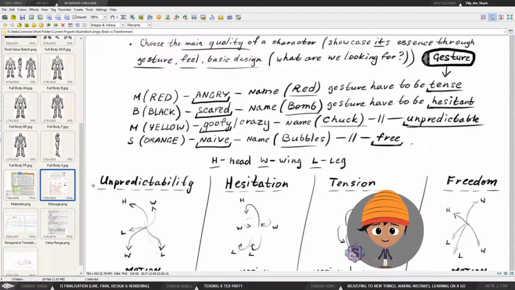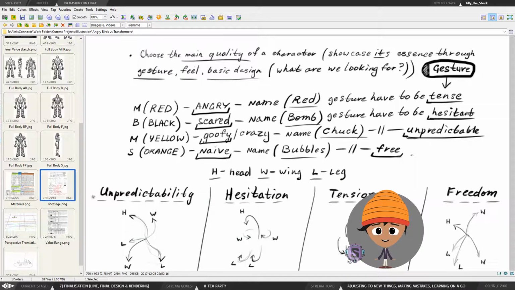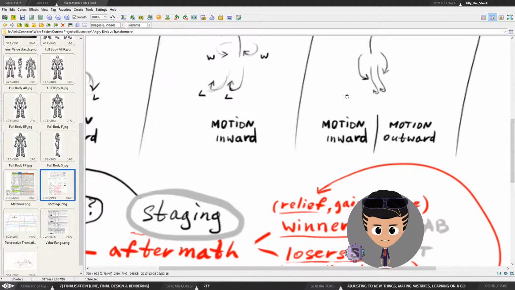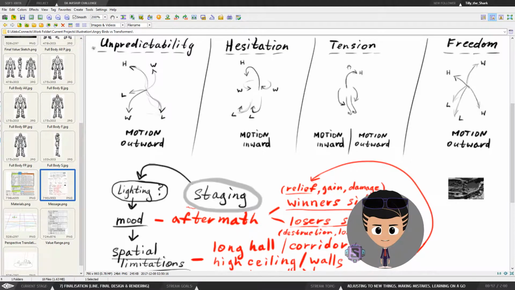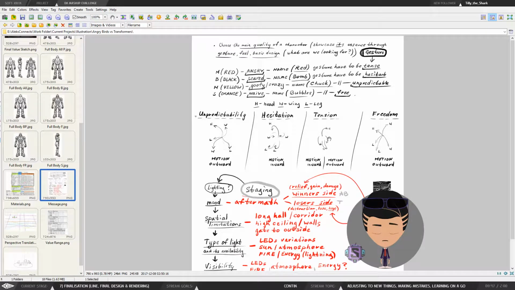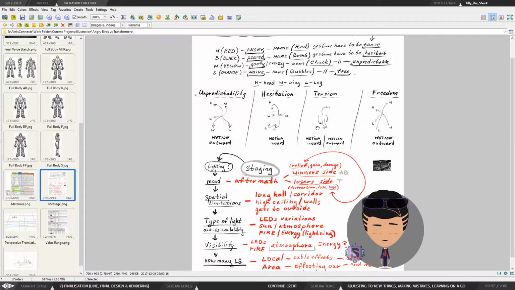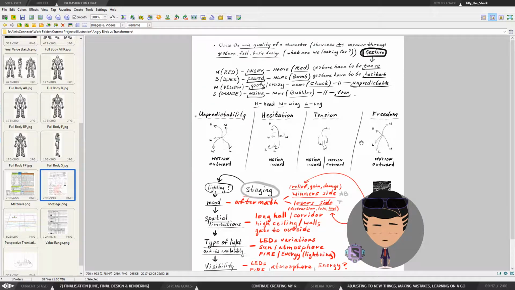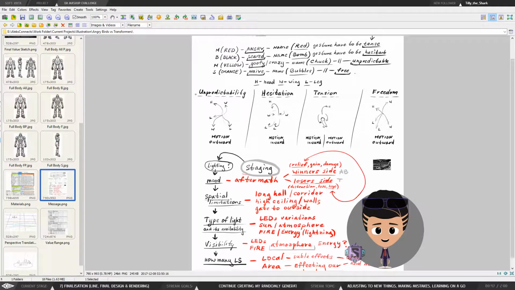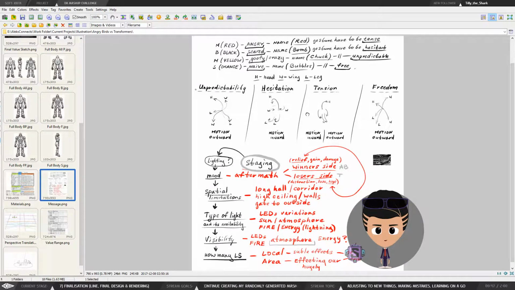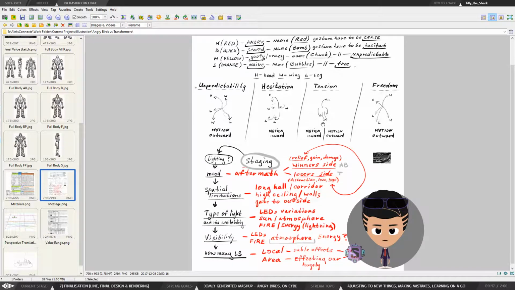Okay, so again, continue. What we have is red is angry. Gesture has to be tense. But basically, he needs to represent tension with everything regarding his body, including face.